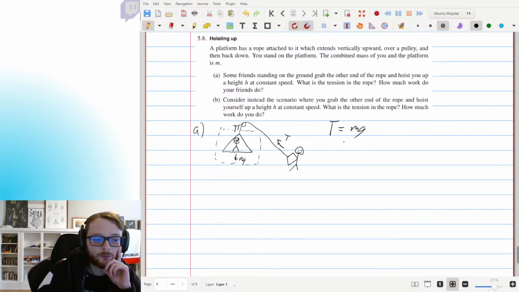They're exactly canceling, so we can say that my friends are pulling with mg worth of force. And so the work is just going to be mgh, because we're being hoisted up at height h. So I think A is relatively straightforward for that reason.